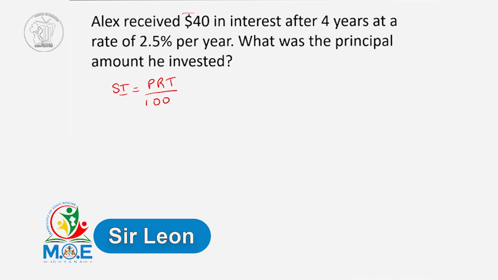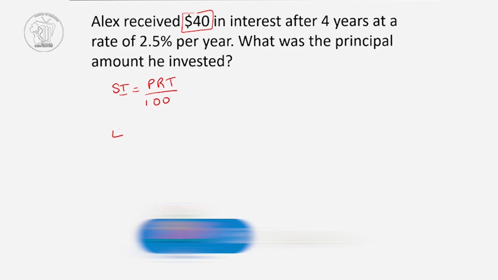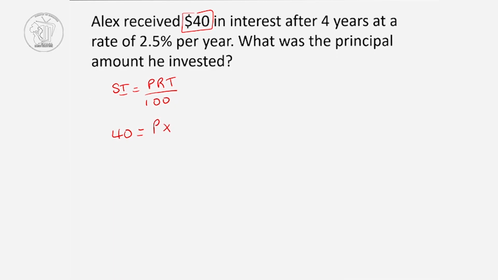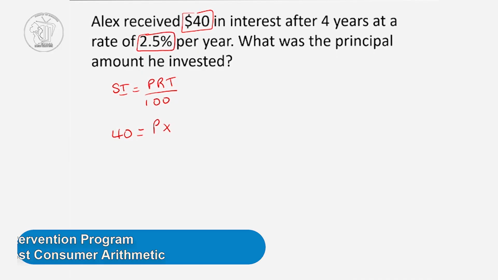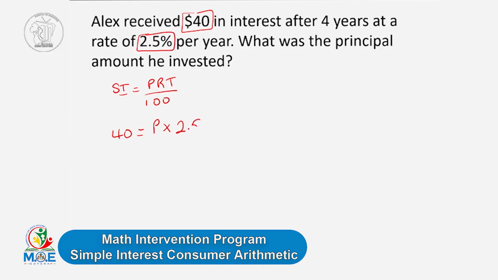So we saw that Alex received $40 in interest. So the simple interest here would be 40 is equal to the principal, we don't know that. So the principal multiplied by the rate, in this case, which is 2.5%. So 2.5% multiplied by the time, which is 4 years.